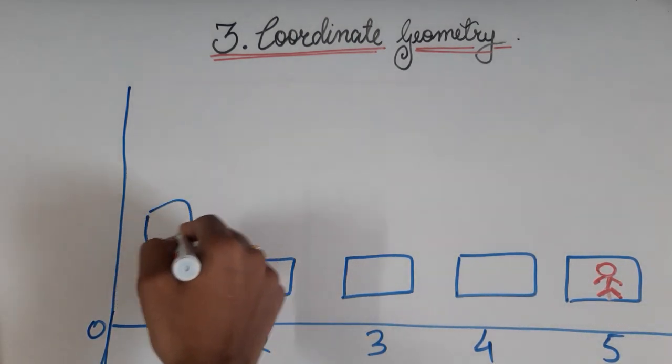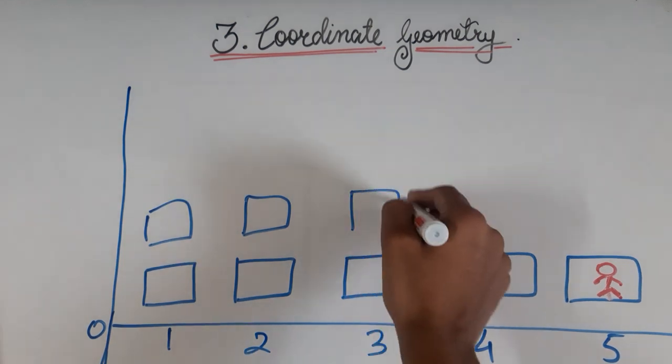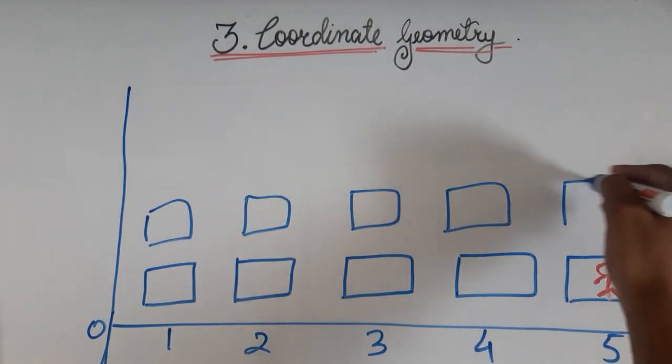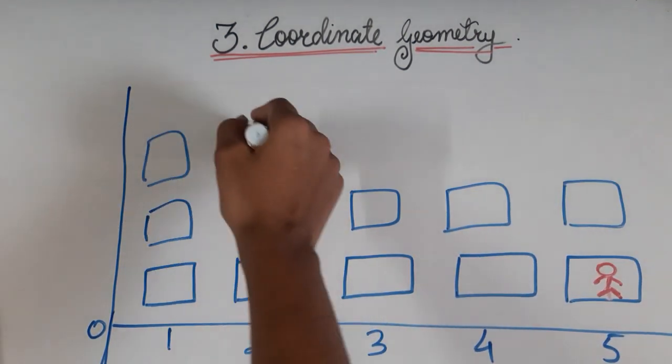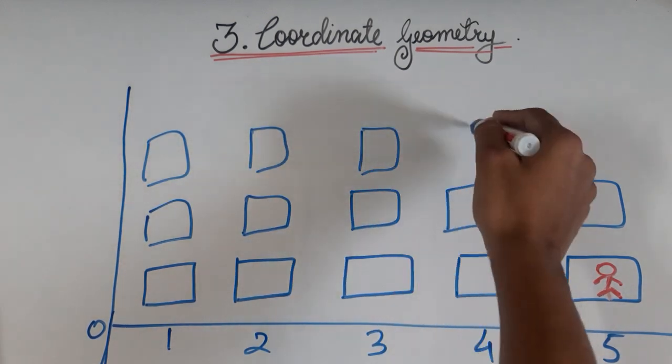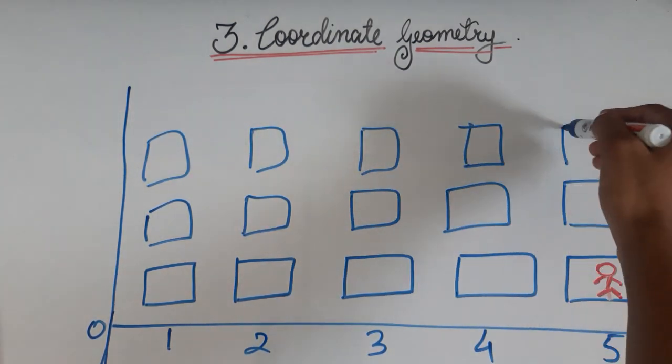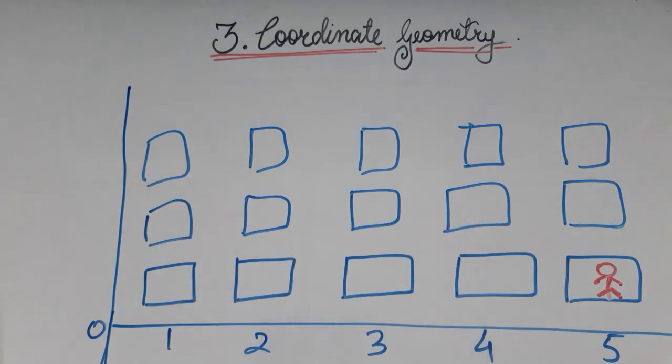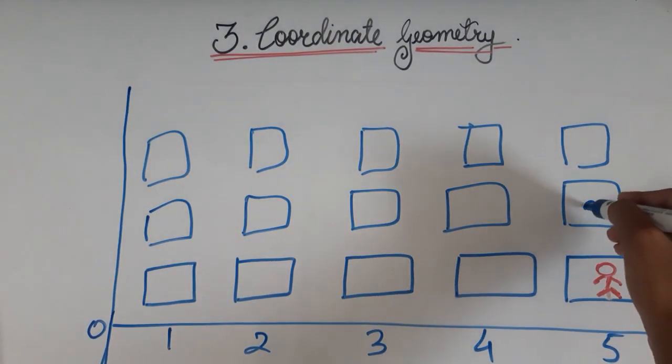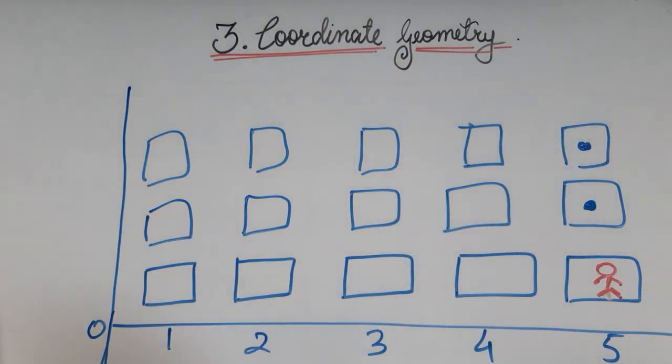But if there are multiple rows like this, and you tell me that you are sitting on the fifth chair from the wall, there are more such chairs. This is also fifth from the wall, this is also fifth from the wall, right? All three chairs are fifth from the wall.